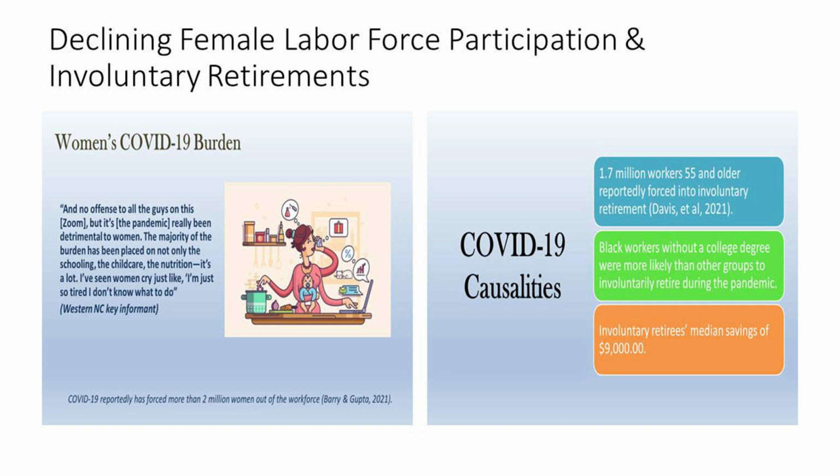They were taking care of the household, trying to figure it out. So we actually had some decline in the female labor force participation. We had a lot of involuntary retirements during that. We had people that involuntarily retired that only had $7,000 or $8,000 in their savings account. So we had a lot of shifts taking place during that period. And as you can imagine, the birth rate declined even more.